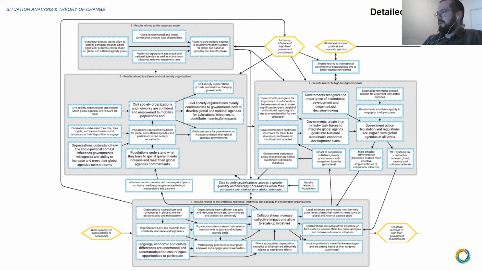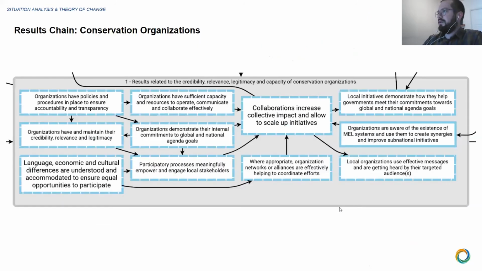I'm just going to show you a zoom in on the bottom one here, for expected results for conservation organizations. One of the things that we did was to ask participants to prioritize the results so that we can know which ones are most important for conservation organizations to consider when they're working with global agendas.